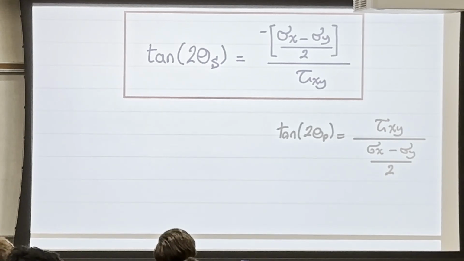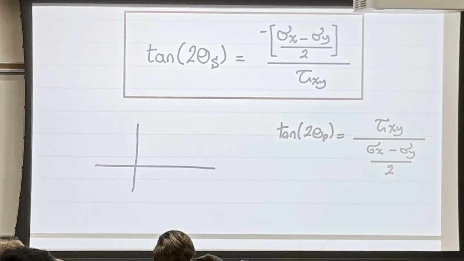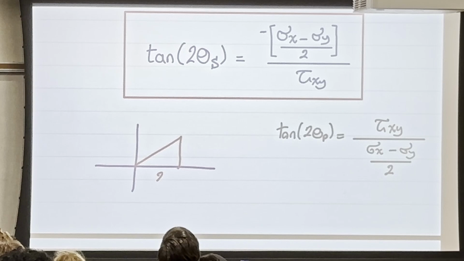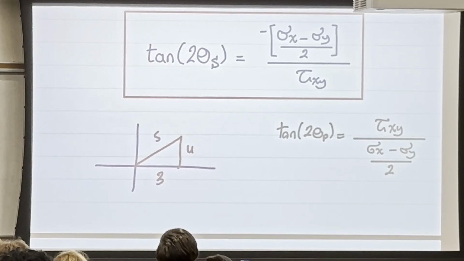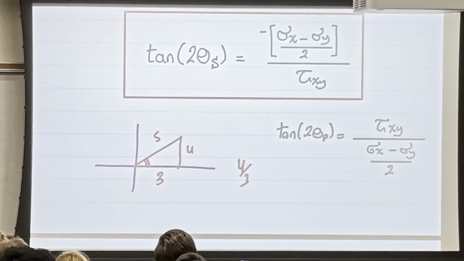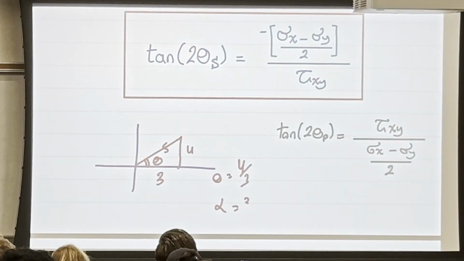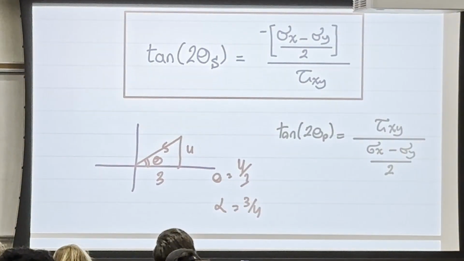And what does that mean? That means, for example, if I do have this famous triangle, which is 3, 4, 5. And if I want to find this theta, it is 4 over 3, right? Which gave me the theta. But what if I wanted to find the theta, let me call it alpha now, 3 over 4, which is the relation between both of them. They are reciprocal of each other.